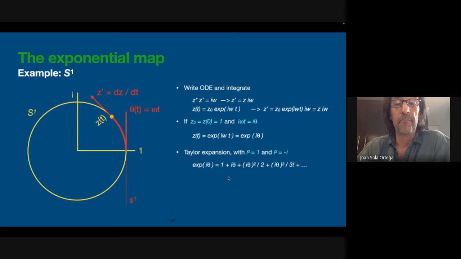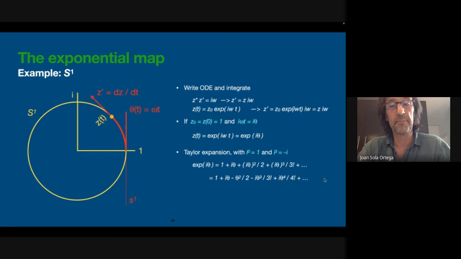So exponential of i theta is the Taylor series: 1 plus i theta plus (i theta) squared divided by 2 plus (i theta) cubed divided by 3 factorial, and this goes to infinity. Okay, no surprise. Let's manipulate this expression a little bit. We know that i squared is -1, so we put a minus here. Good. We know that i cubed is -i, so we put -i here, and we keep going. Okay, this goes to infinity.